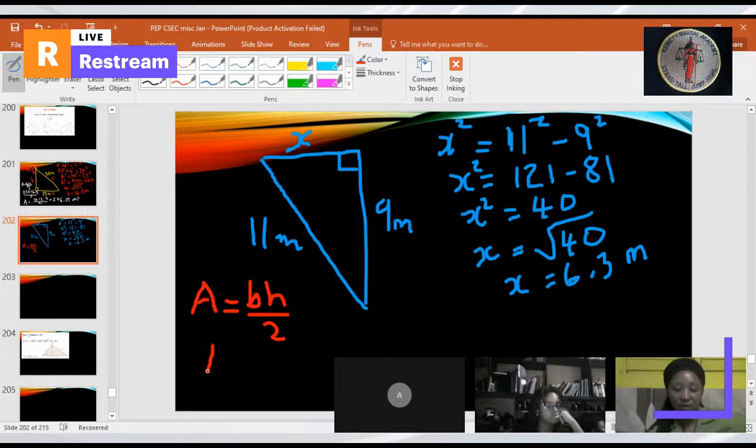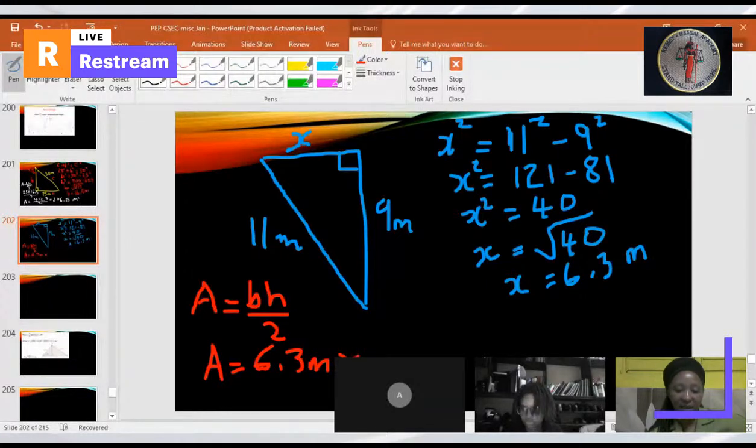All right, so we would have what times what? 6.3 multiplied by 9. Why not the 11? Because the 11 isn't the height.